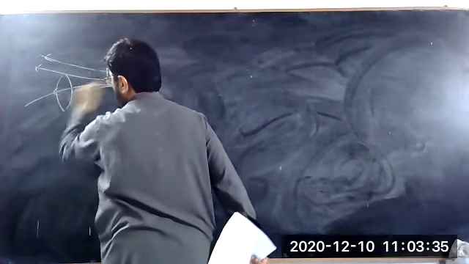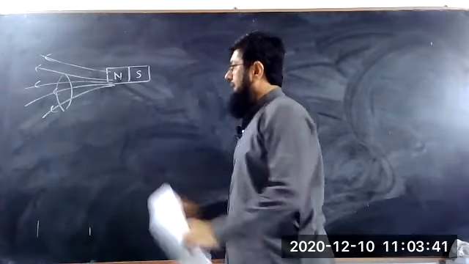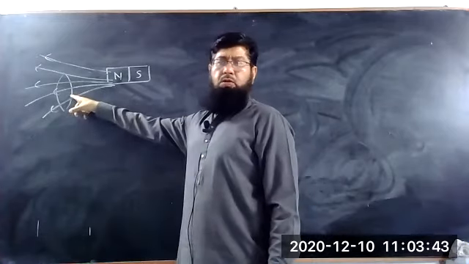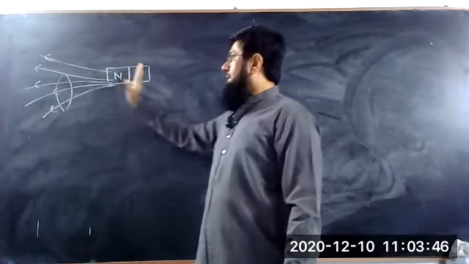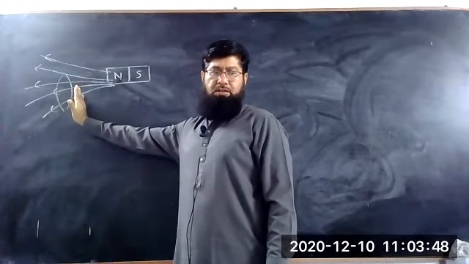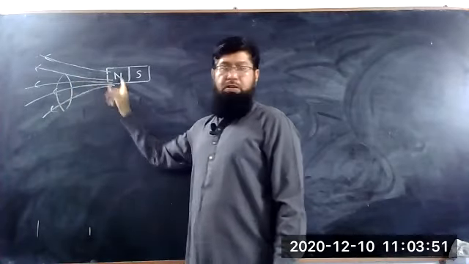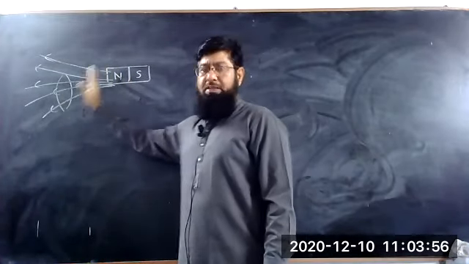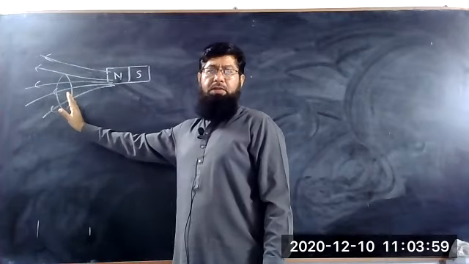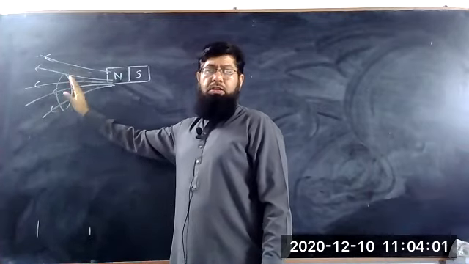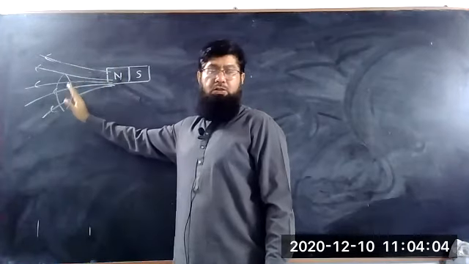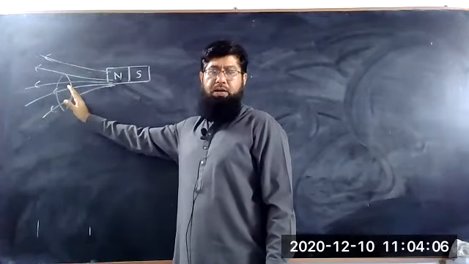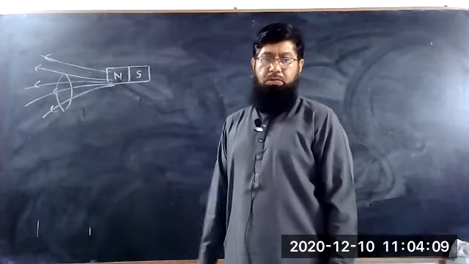These are the magnetic lines of force passing through the coil. Now the current through the coil is zero when the magnet and the coil are both at rest. In this case, the flux passing through the coil is uniform magnetic flux. Therefore, the induced EMF is zero.